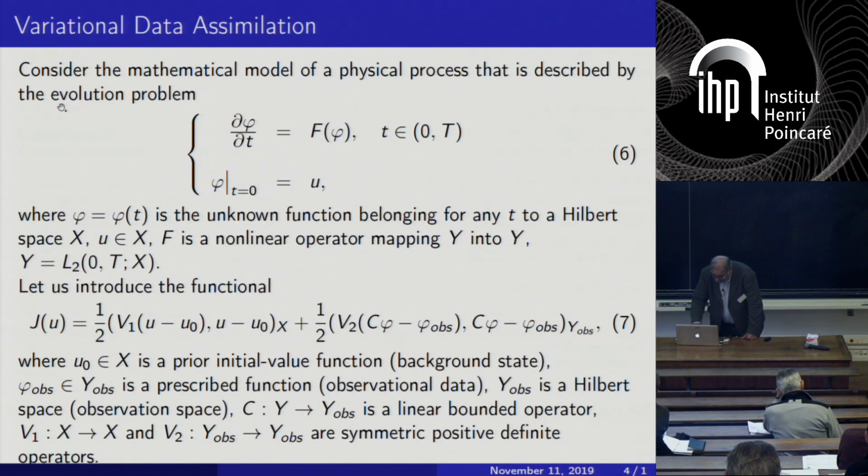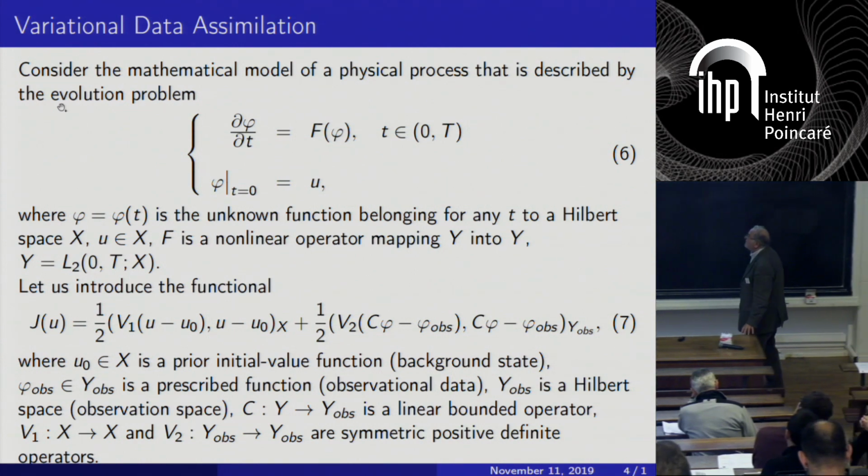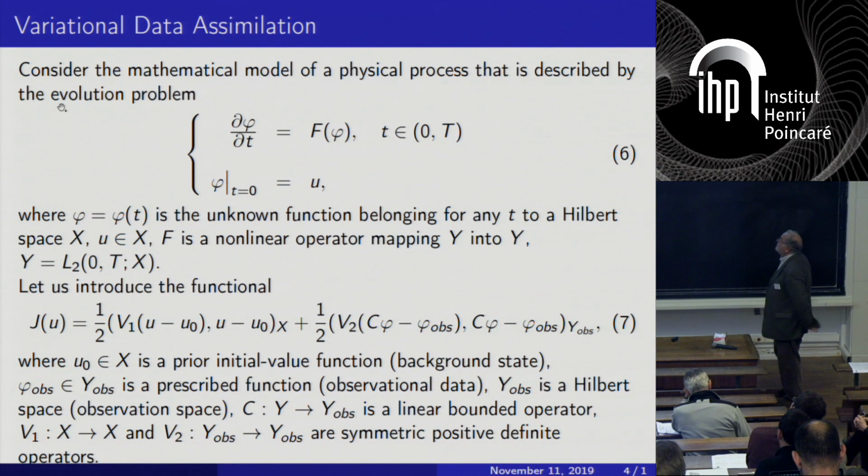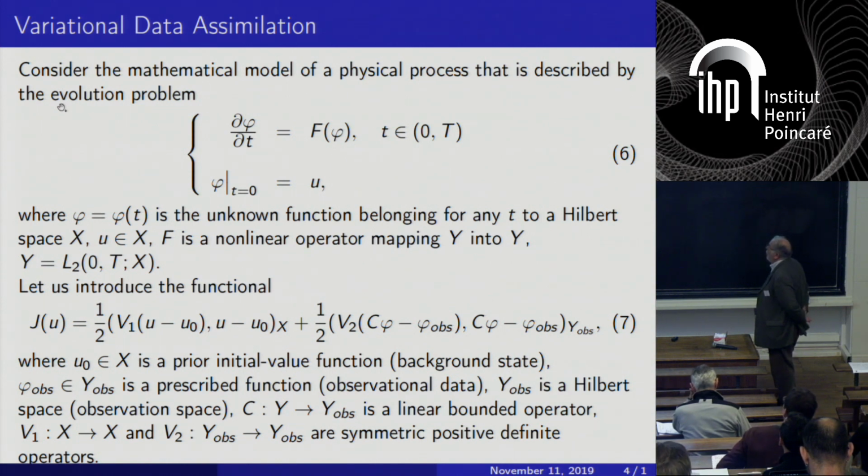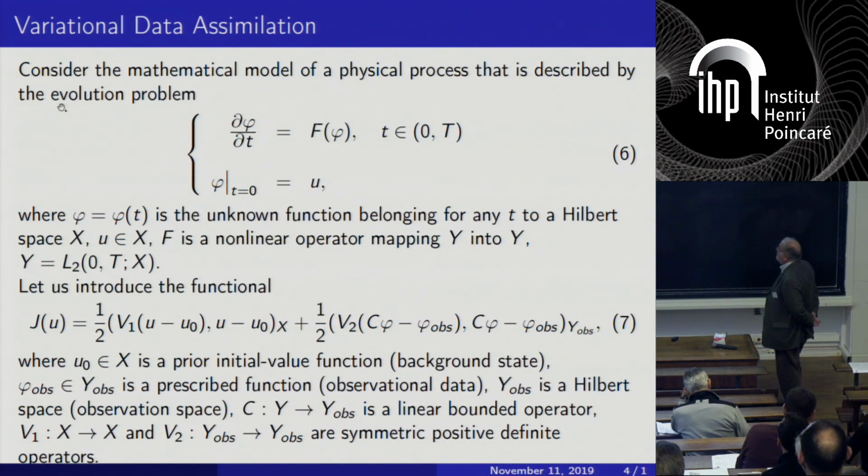Now we go to the problem of variational data assimilation. So phi is the state variable, solution of d phi over dt equal to f of phi, and the control parameter is the initial condition, phi at time 0 is equal to u. As usual, we introduce a cost function depending on the initial condition u, which is, roughly speaking, the discrepancy between the guess of the initial condition and the error in the observation.